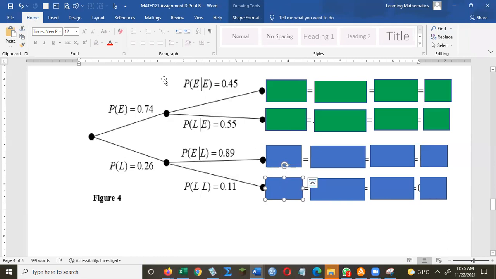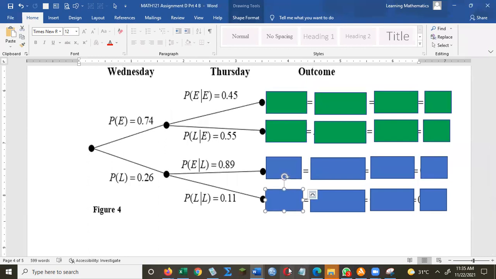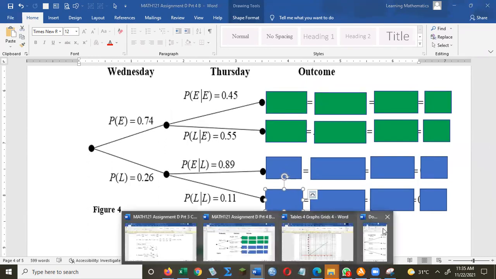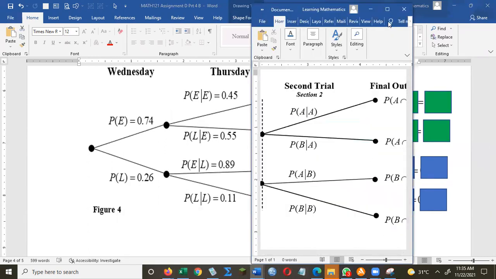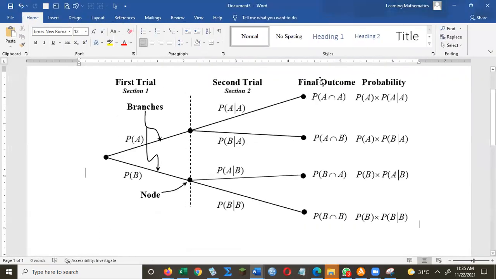So therefore now, do that also for the assignment. Now the tree diagram is not complete, because as you can see in the template, the tree diagram has another area called the outcomes. And the outcome has the symbol then.